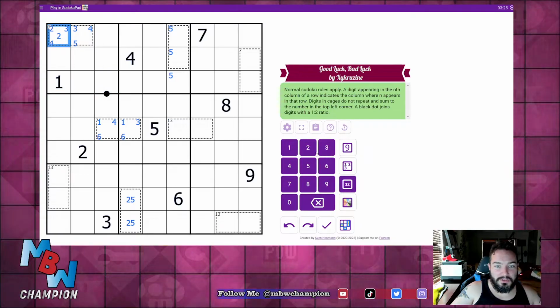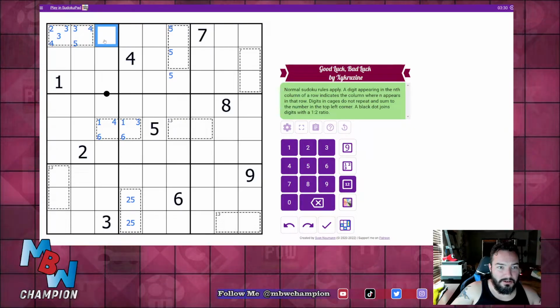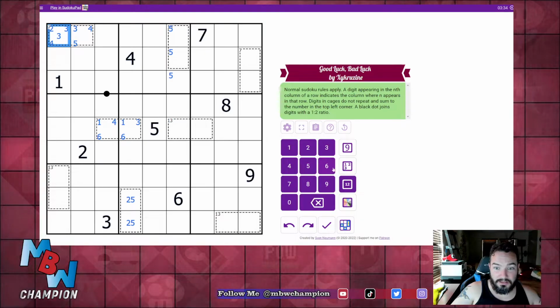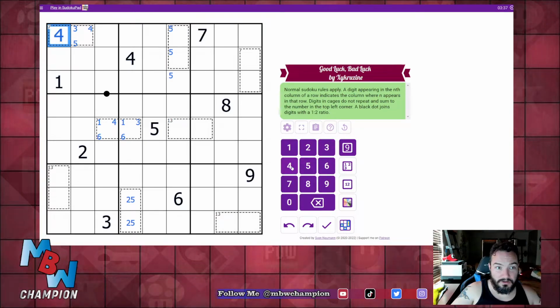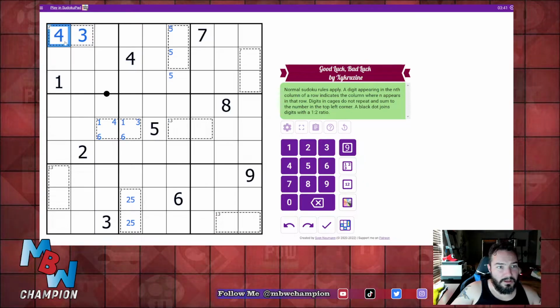Same thing with a 3. If this was a 3 instead, that means the 1 has to be right here. But the 1 is right here already. So this is actually a 4, because it can't be a 2 or a 3, which makes that a 3.